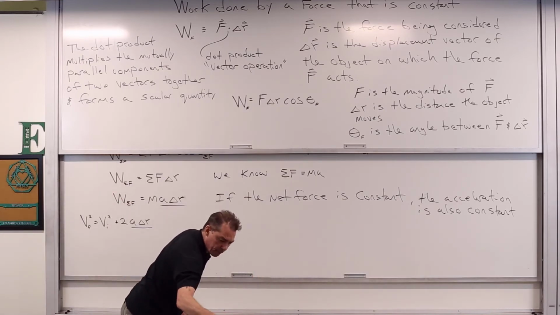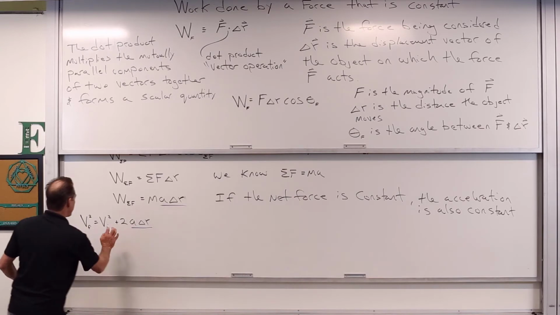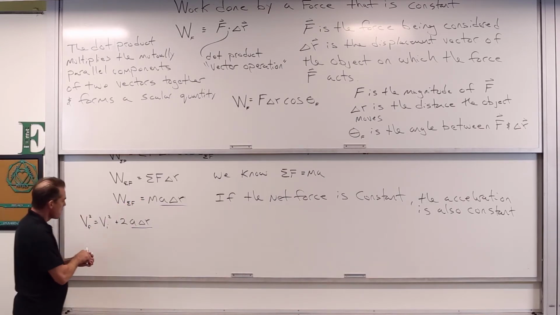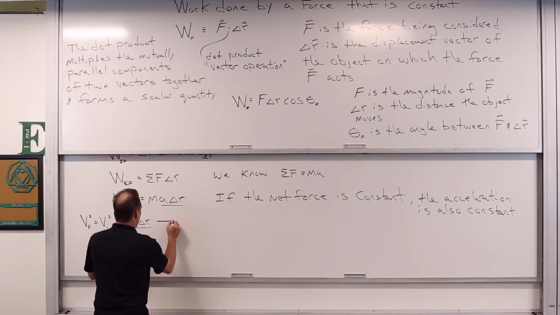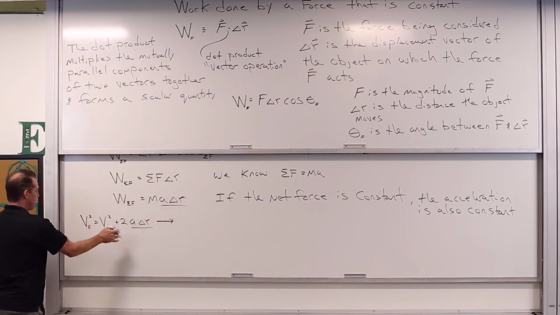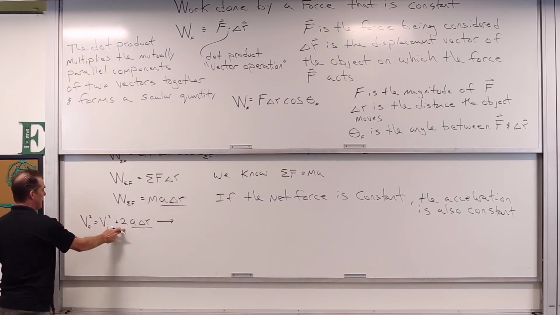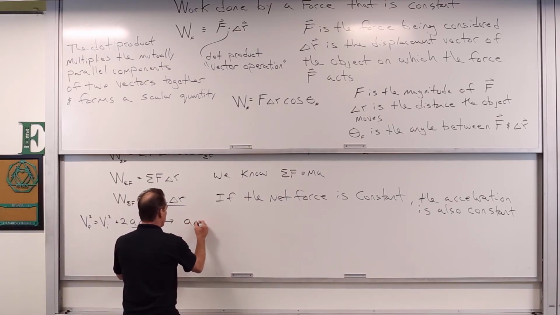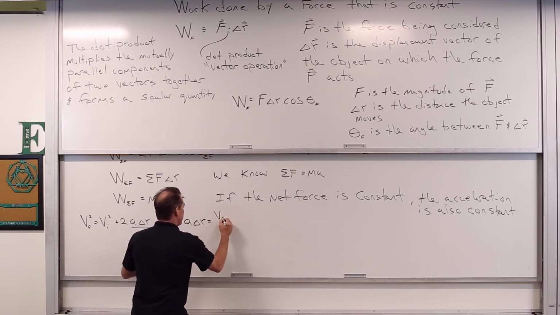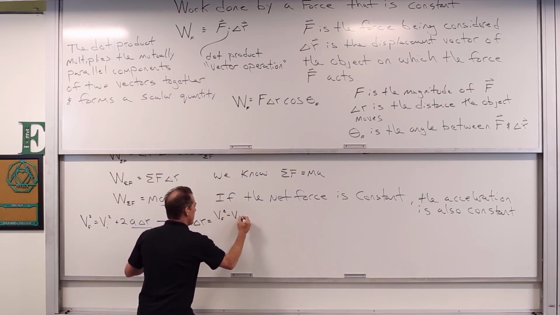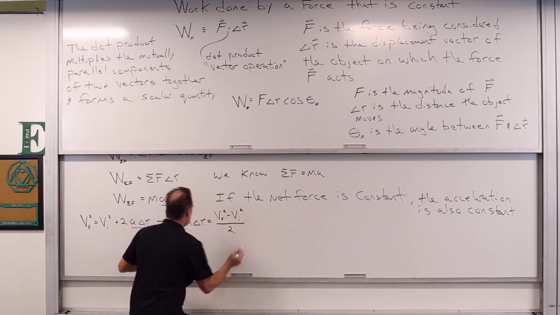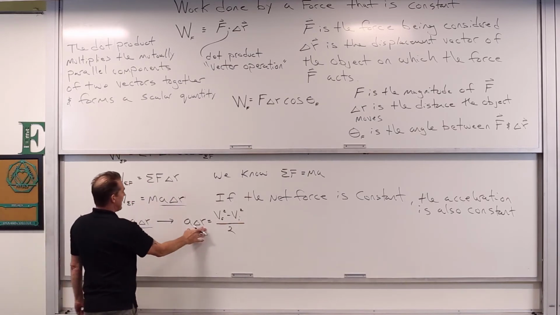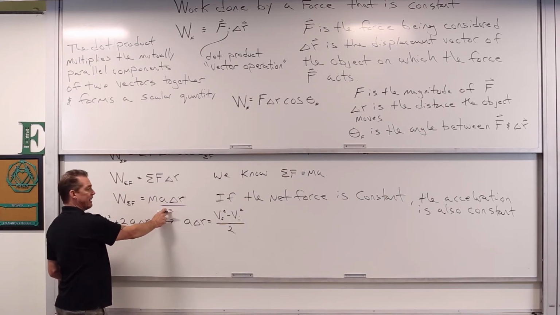So what happens if we go ahead and solve this out for A delta R and then substitute it in there? Well, we can write this as V final squared minus V initial squared divided by 2 is equal to A delta R. Now we're going to take this A delta R and stick it in here.